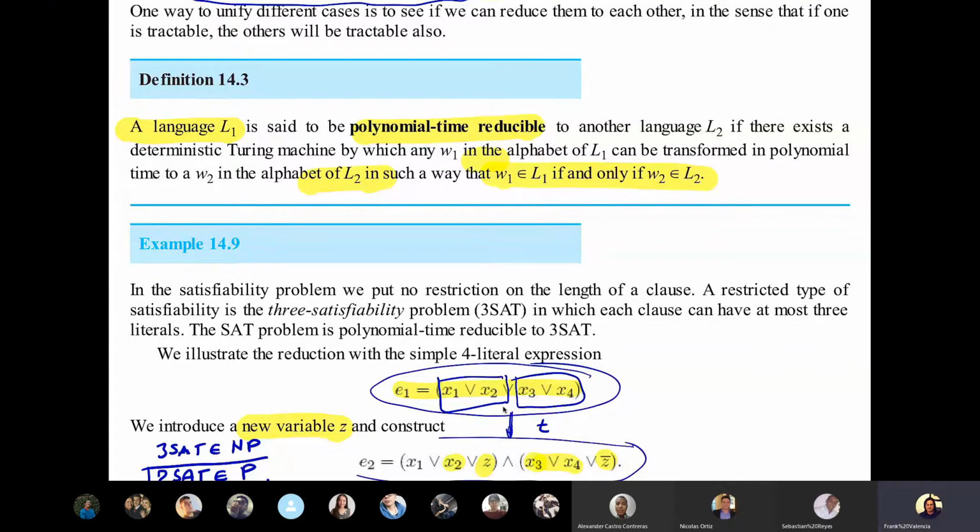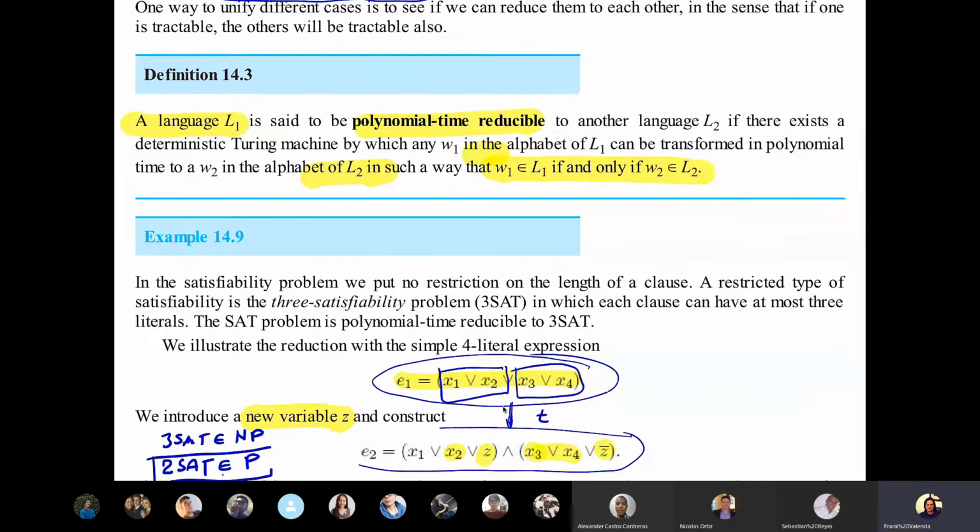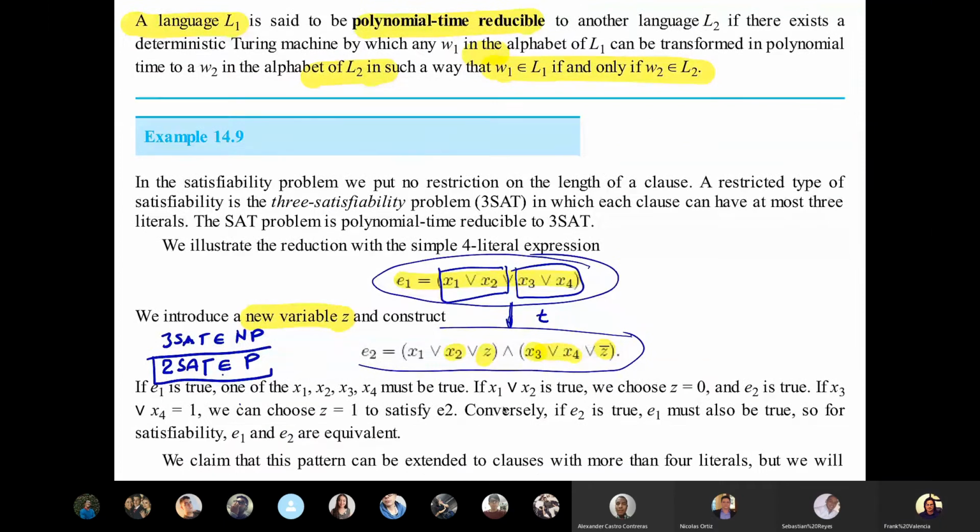Every input that is supposed to be for L1 is transformed into an input W2 for L2 in such a way that this property is met. We're going to see some examples, but the idea is that you are transforming one problem into another. But that transformation needs to be, we're going to discuss why, polynomial.